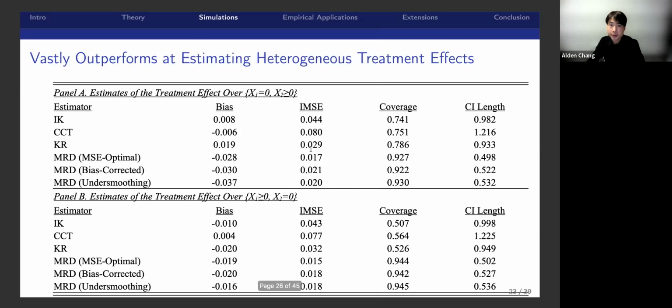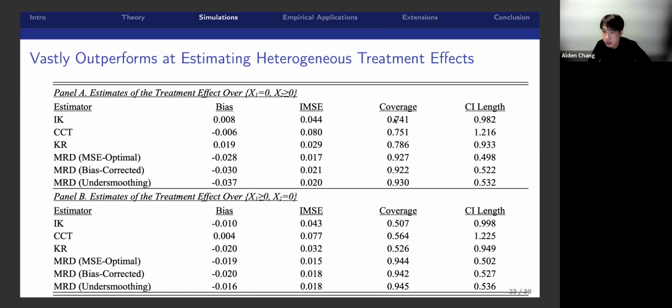So what happens if I do that using single dimensional methods? Basically, if we look at the first three columns, we see that the coverage rates tend to be quite low.